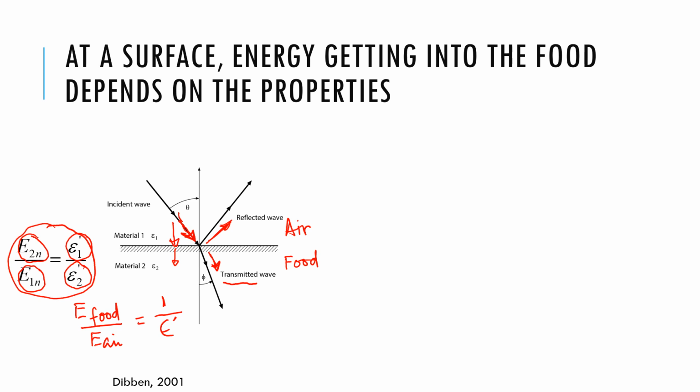As I talked about earlier, inside the food it's going to be lower. Inside the food, E food is going to be E air over epsilon. This formula is not to be generalized. This is almost a qualitative picture of what's going on at the surface.